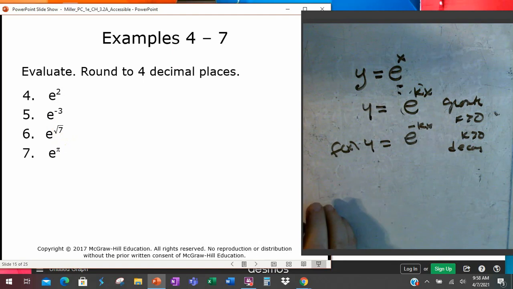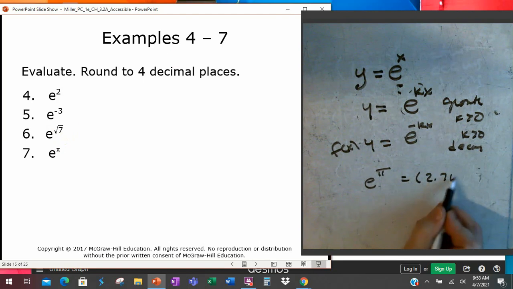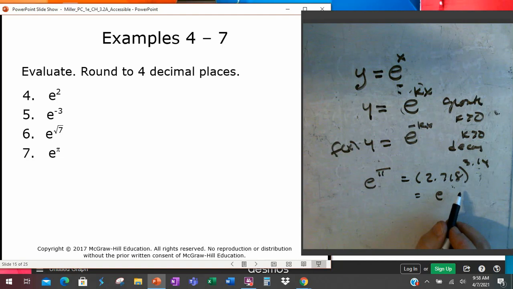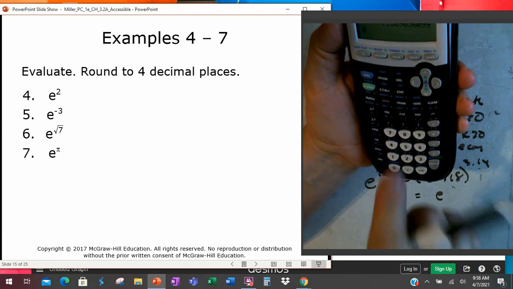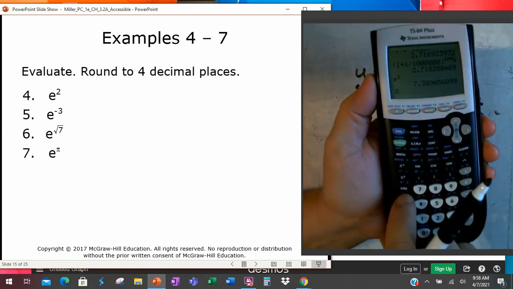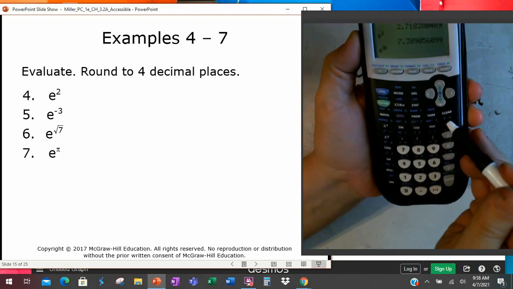It's all numerical. e to the pi would be something like 2.718 to the 3.14. But calculator-wise, you're just going to find your e and then find your pi on the calculator as well. So if I were to do e to the pi, I would go second, find my e. That was the exponent, and my pi is over here as a second function.